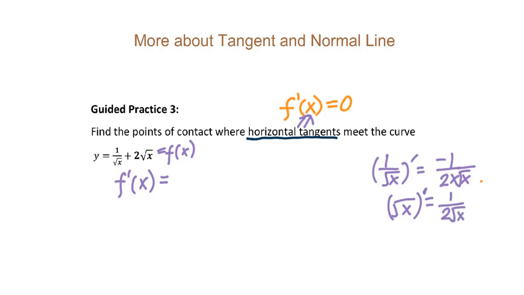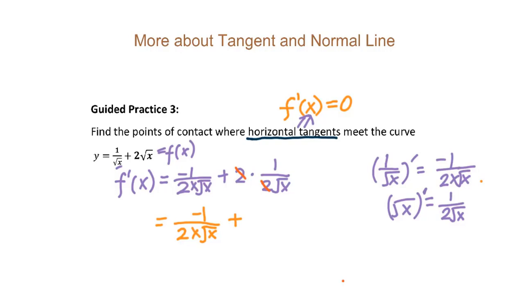Therefore, for the first one, you will get negative 1 over 2x square root of x, plus 2 is the coefficient, then you have 1 over 2 square root of x. You will get reduced: your denominator for the first term is 2x square root of x, negative 1, plus 1 over square root of x.